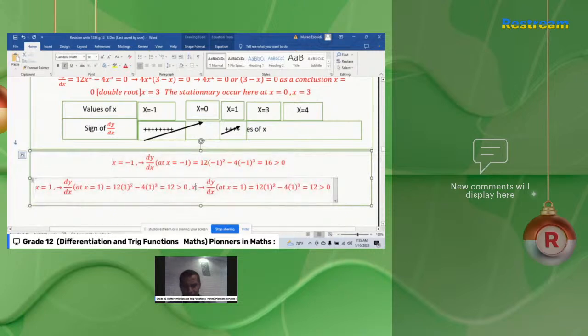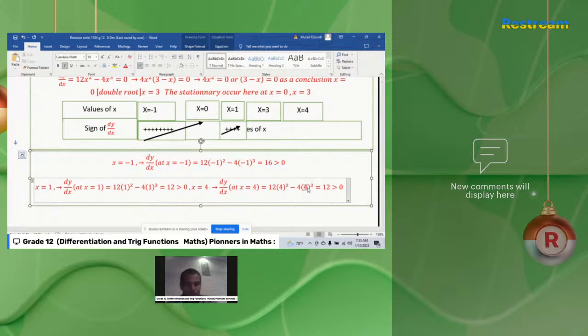Now when x is equal to 4, I will calculate exactly the value of the first derivative. This is very important. When x equals 4, the first derivative of the function will be 12 times 4 squared minus 4 multiplied by 4 cubed.